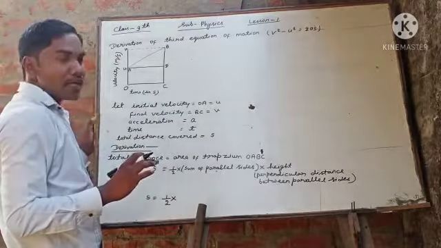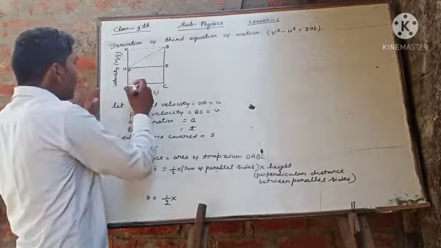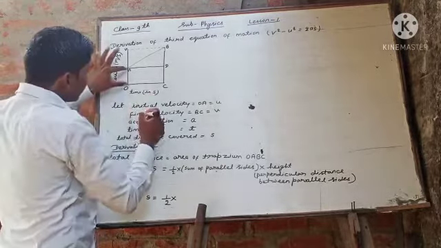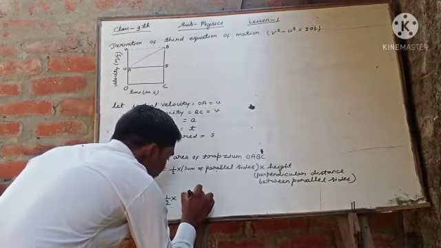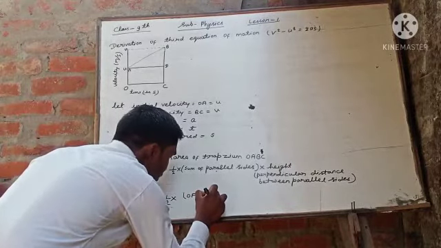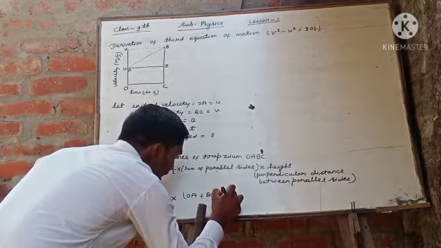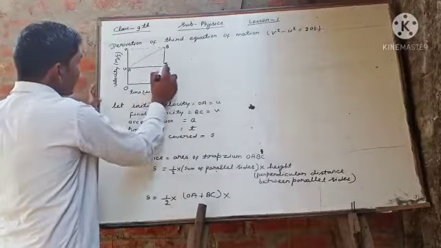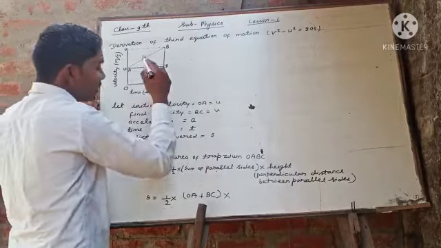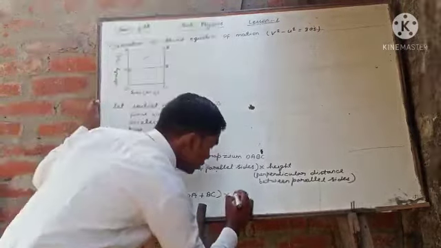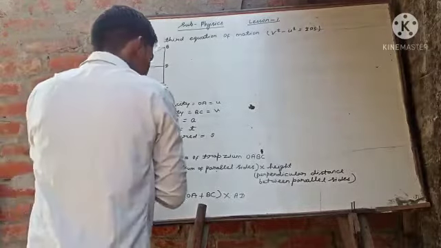The parallel sides here are OA and BC. So OA plus BC, and the height will be this one, AD, or AD is equal to OC, so we can put OC also.